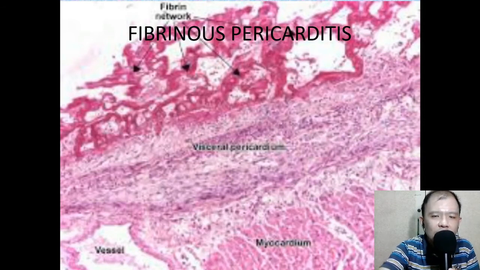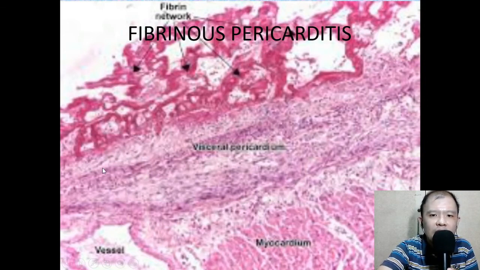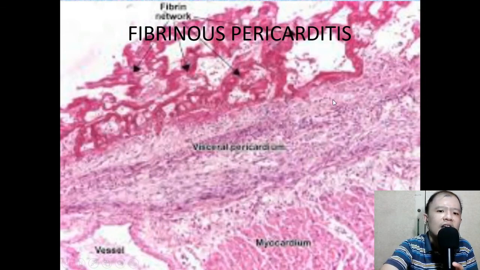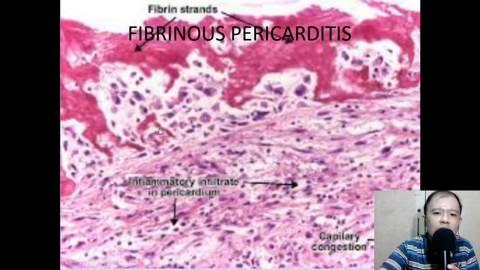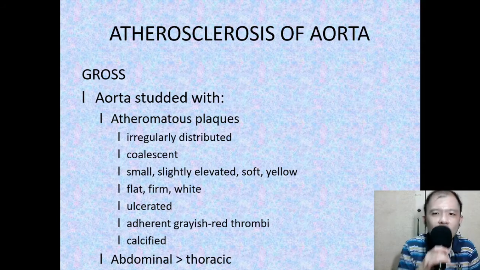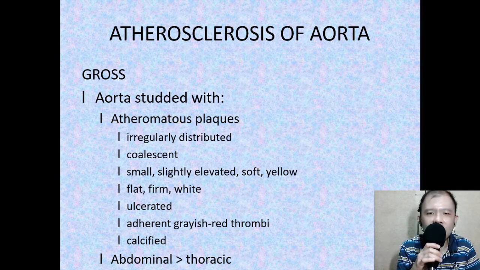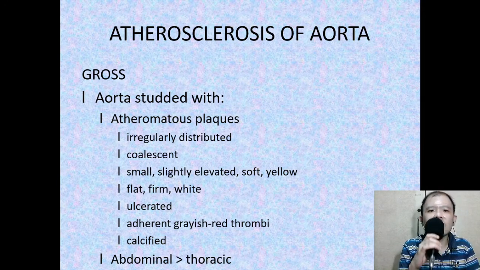What's important here is you see a fibrin mesh or fibrin network covering the epicardium of the heart. Looking at it closely, you see inflammatory infiltrates. These are monocytes or mononuclear cells. Any questions? So what's important here is the fibrin network covering the epicardium.